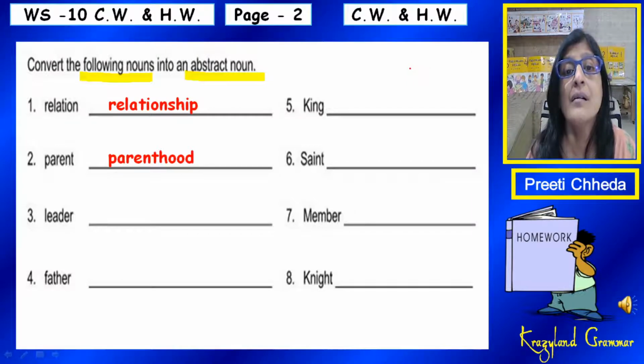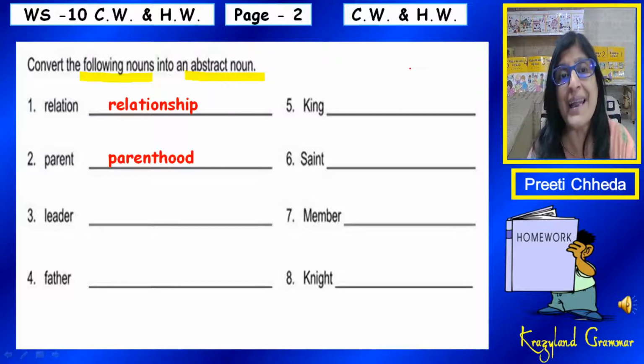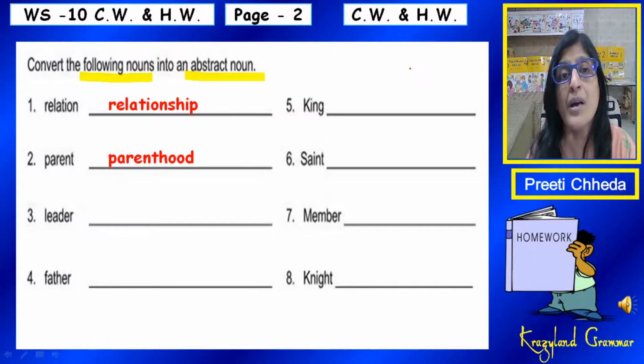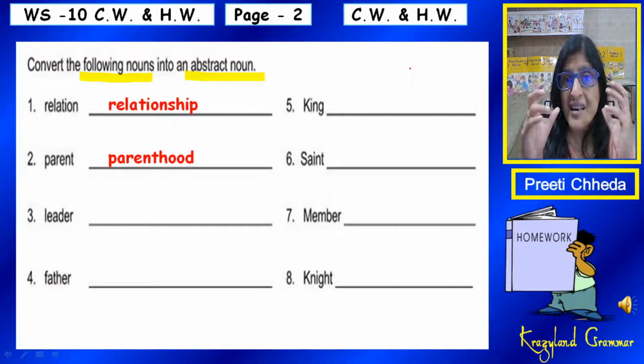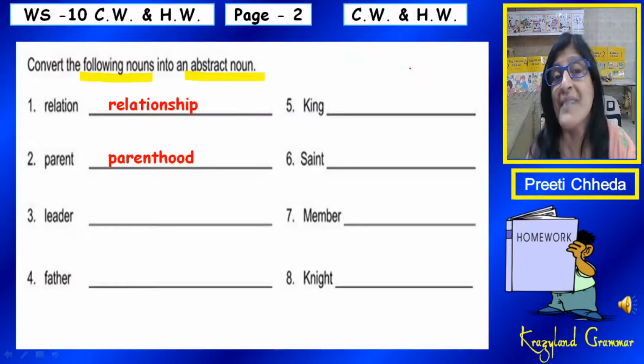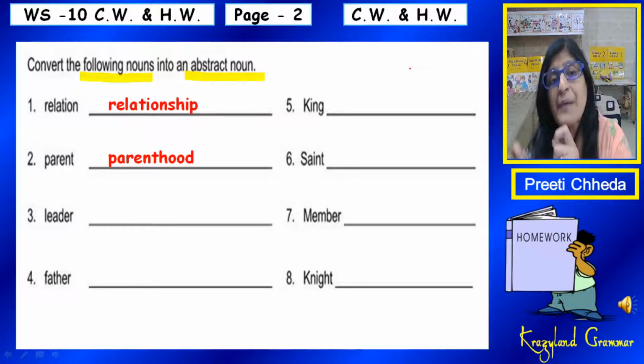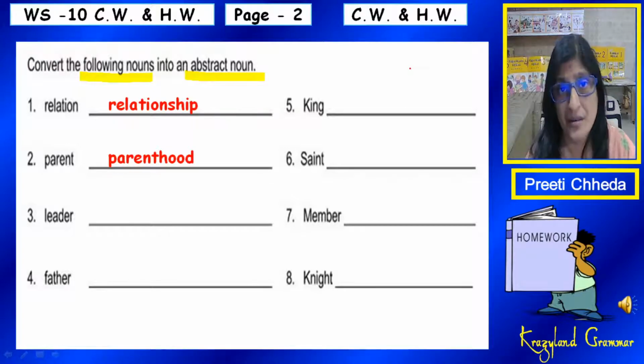Old is not a noun. Adult is a noun, child is a noun, but old you can't say old person. Old is used as an adjective, that is not your common noun. Clear? So we can't make oldhood because old is not a noun. So the abstract noun of old will be old age.